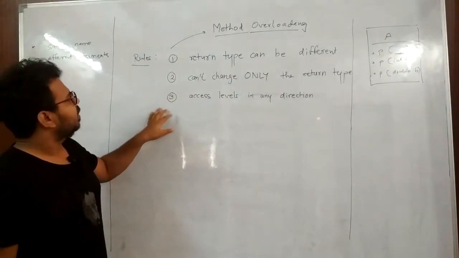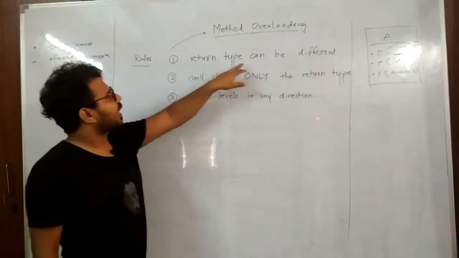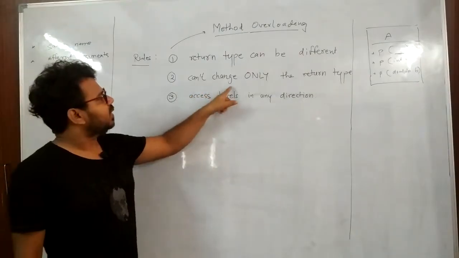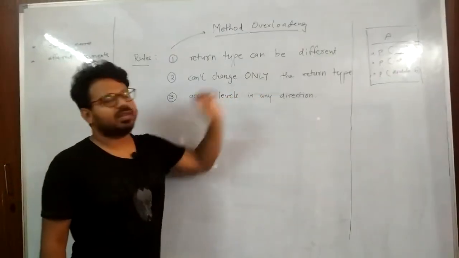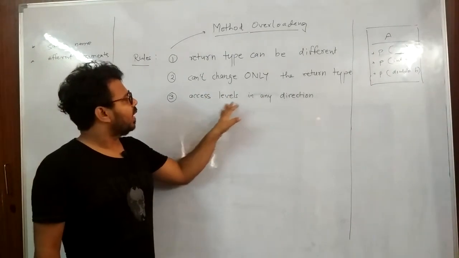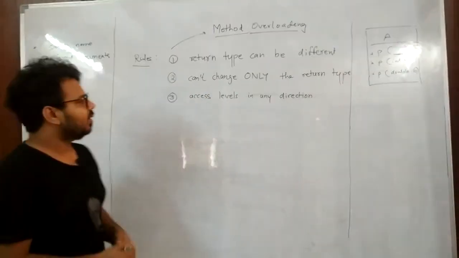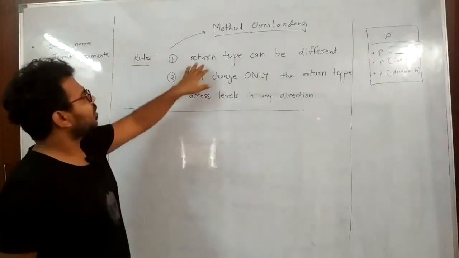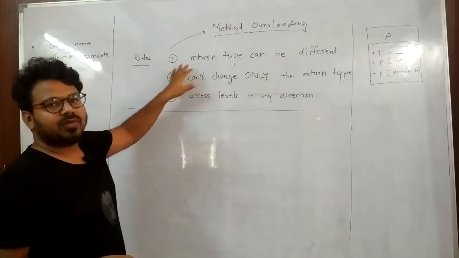Let me read them for you. The return type can be different. The second is you can't change only the return type. And the third is access levels can change in any direction. Now let us understand each rule one by one.